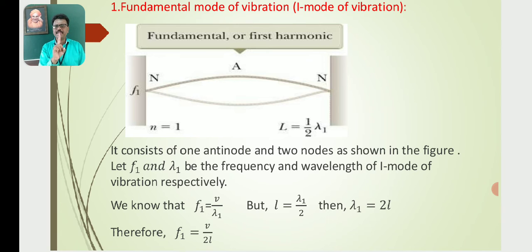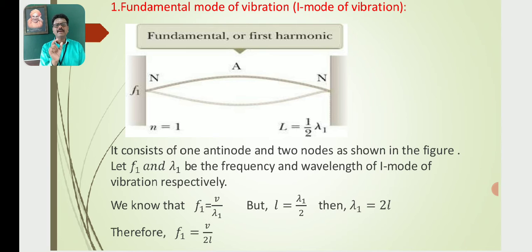Let F1 be the frequency of the fundamental mode of vibration and lambda 1 be the wavelength of the fundamental mode. We know the relation between frequency, wavelength and velocity: F1 is equal to V by lambda.